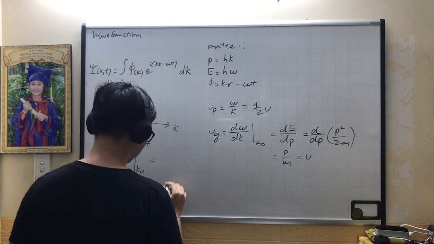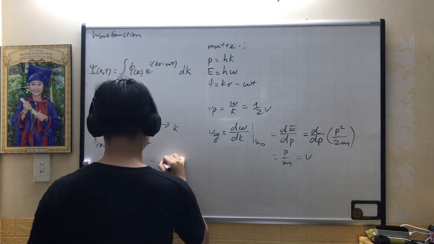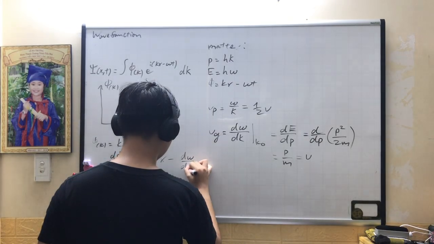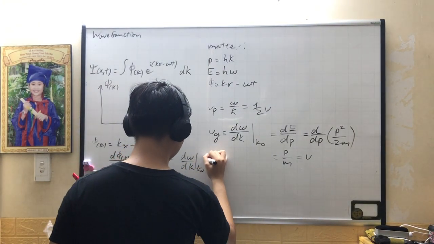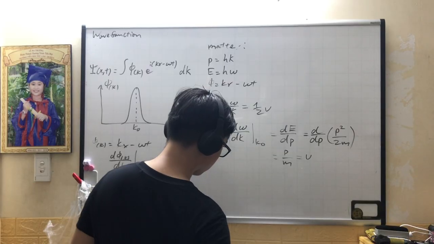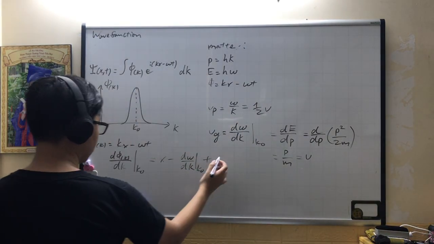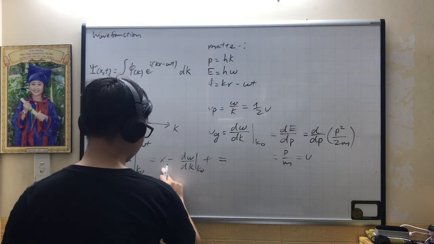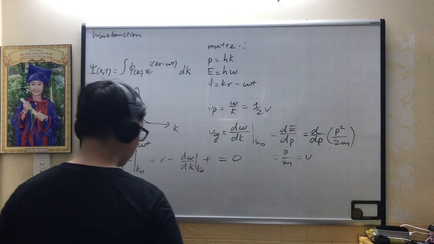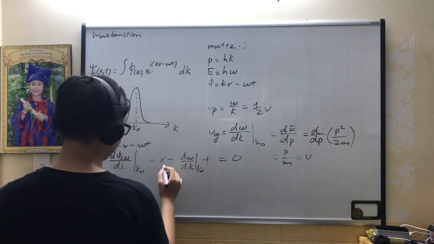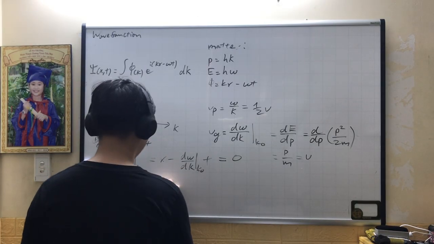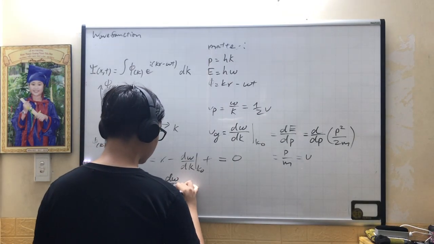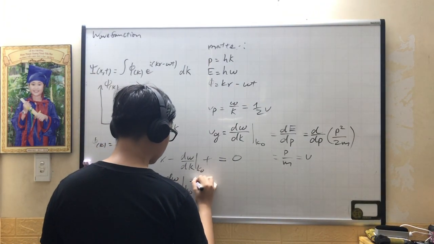And this is kx minus omega of k naught t. And from the stationary phase principle, you need this to be 0. To satisfy that, x would need to be equal to d omega/dk around k naught times t.